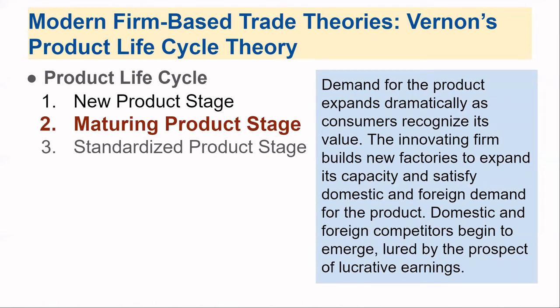That means during the maturing product stage, the products will already be sold in foreign markets. And so domestic and foreign competitors begin to emerge. So there's now starting to be competition.